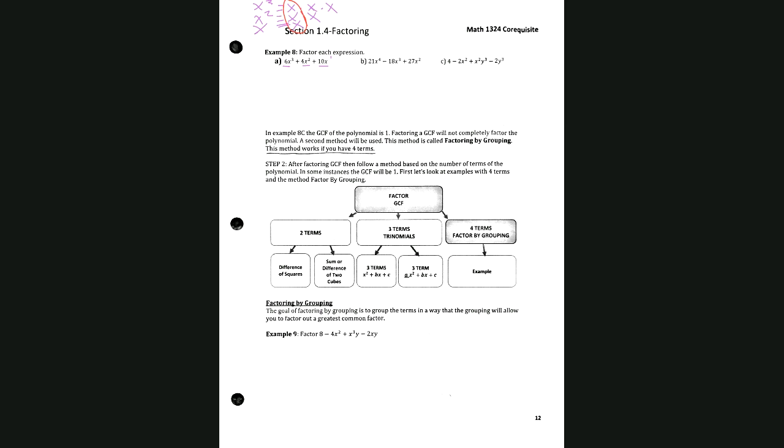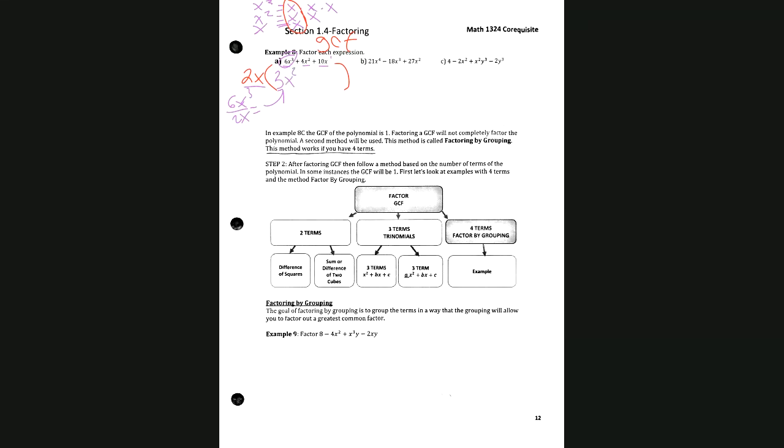So what we're going to take out as our greatest common factor, our GCF, will be 2x. Now from there, we could start thinking of 6x to the third power divided by 2x. And that will give me 3x squared.